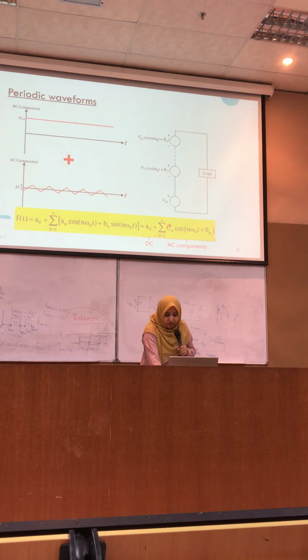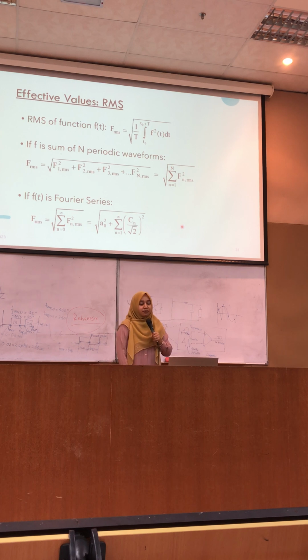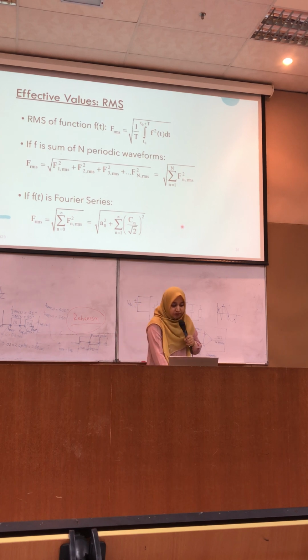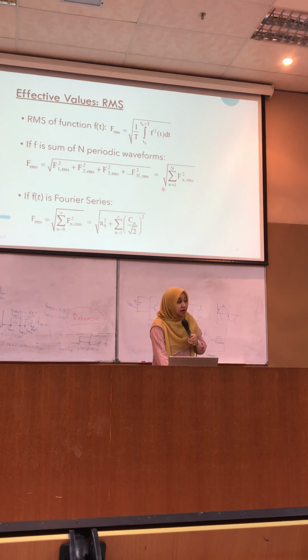The parts with the summation and so on are the AC components. In terms of RMS, which is the effective value, it is obtained from the sum over the cycle. So from the summation, you get the RMS.